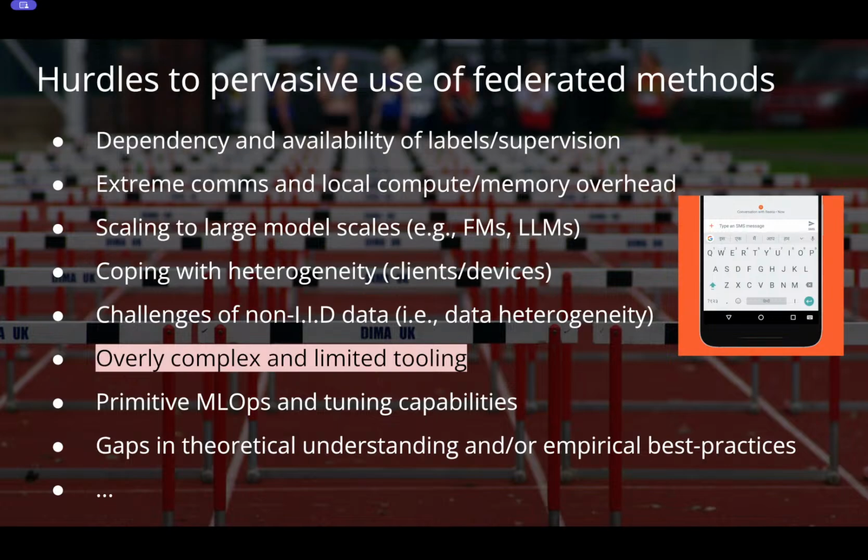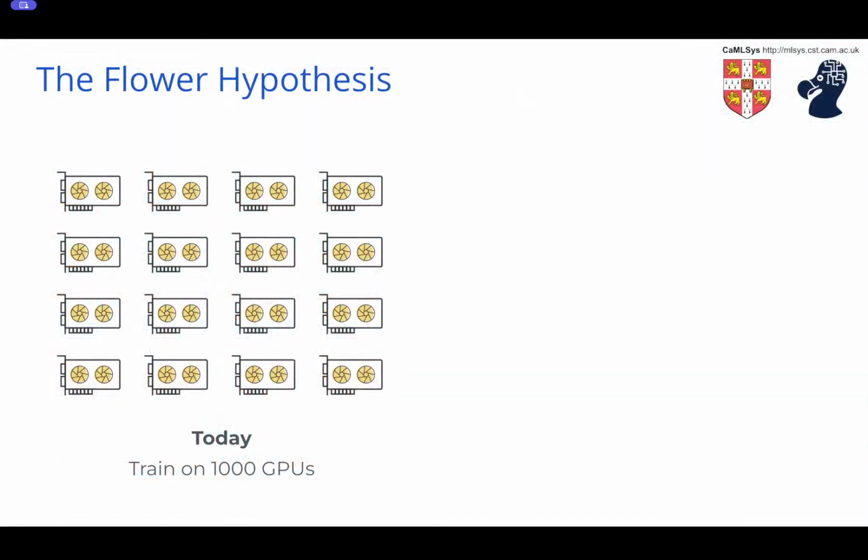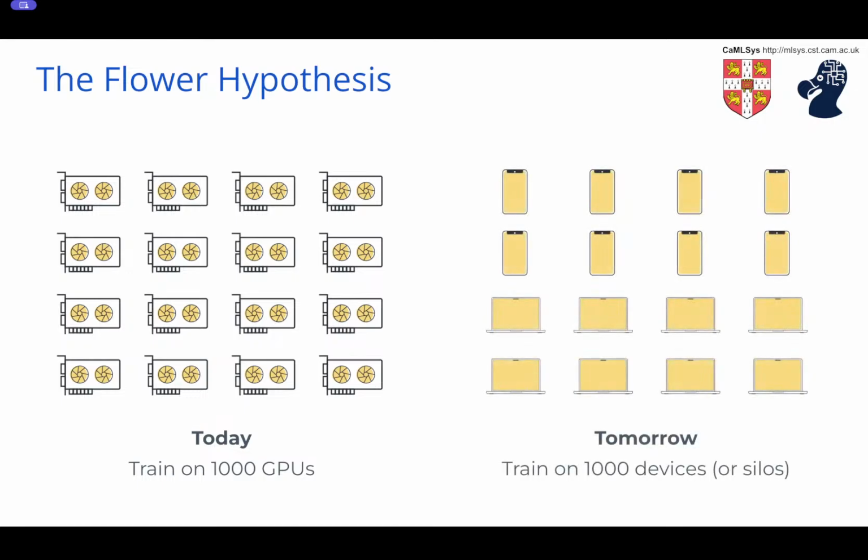And why is that? Because the software infrastructure, tutorials, code, and the amount of money someone can make out of doing that type of thing is enormous. So we live in a world today where you can train on 1,000 GPUs with any random person, and you cannot yet do the same thing with 1,000 different devices, 1,000 different silos.